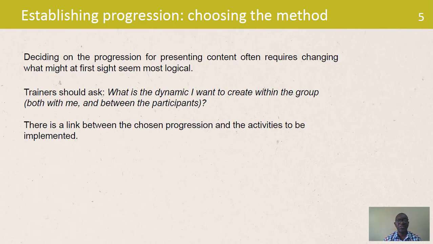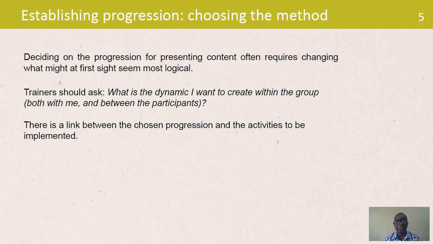The process is interactive. As we noted before, the logical order seen in a table of contents, for example, is not the teaching order. Deciding on the progression for presenting content often requires changing what might at first seem most logical. The key issue is to choose the right learning activities. The trainer should ask, what dynamic do I want to create within the group, both with me and between participants?